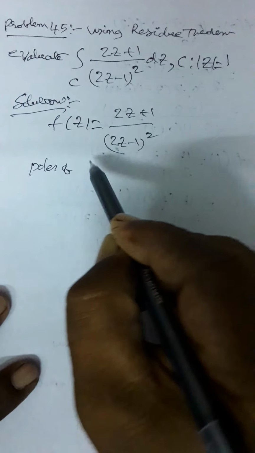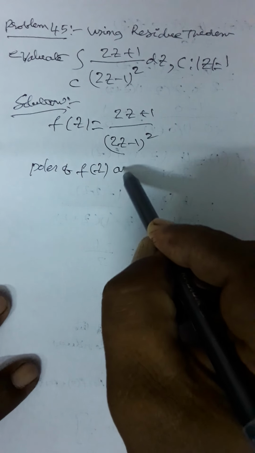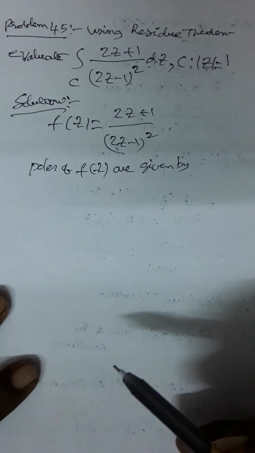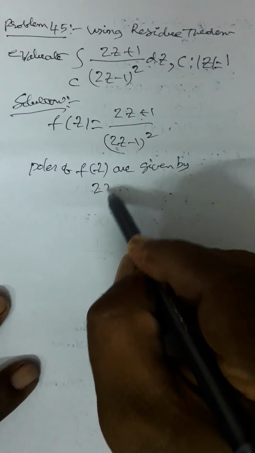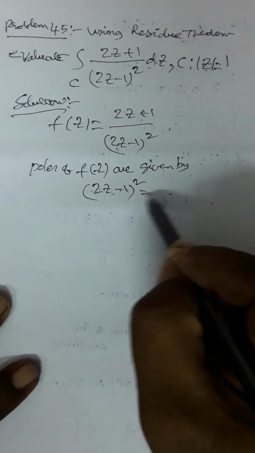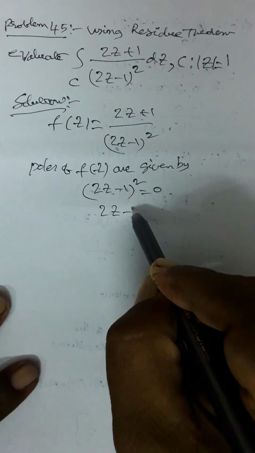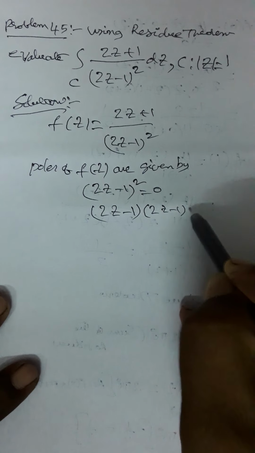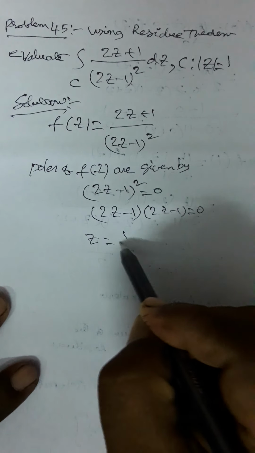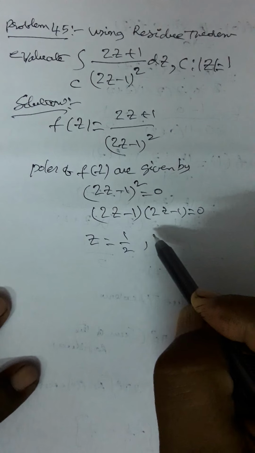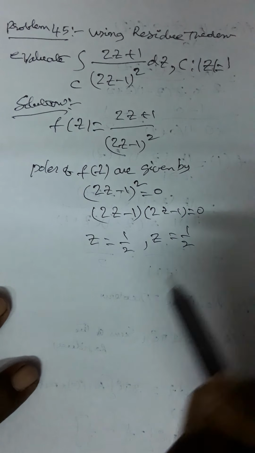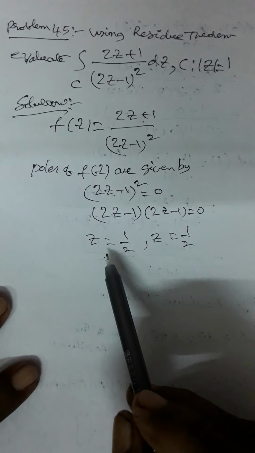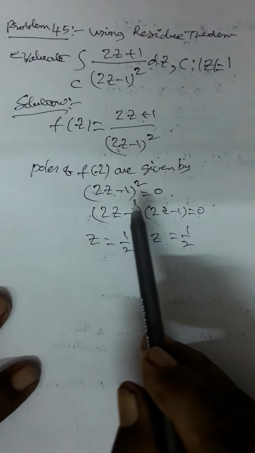Poles of f of z are given by equating the denominator to 0. So (2z minus 1) into (2z minus 1) equal to 0. z is equal to 1 by 2, z is equal to 1 by 2. So whole square, 2 times, pole of order 2. z is equal to 1 by 2 is a pole of order 2.